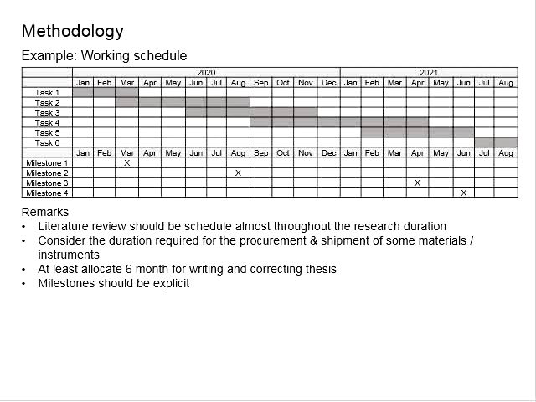This process requires time. I would say that conservatively estimated, you will require at least half a year for you to write your thesis until completion, which is the acceptance by your supervisors.